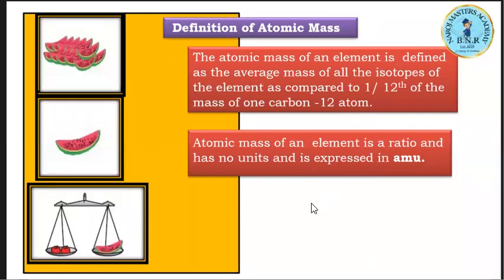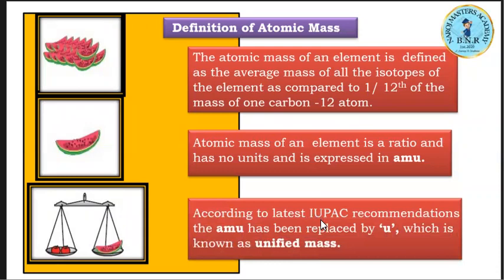According to the latest IUPAC (International Union of Pure and Applied Chemistry) recommendations, the AMU has been replaced by U. So instead of writing AMU, we can simply write U, unified mass.